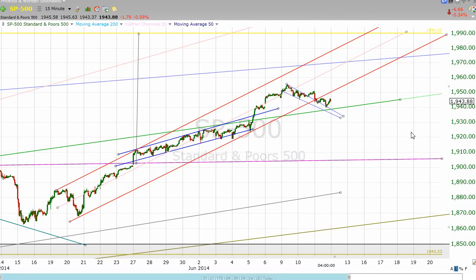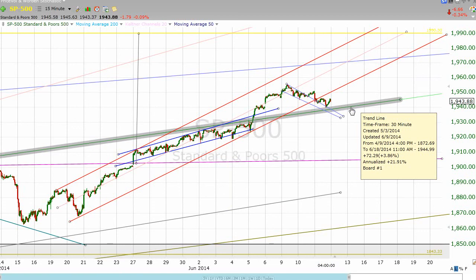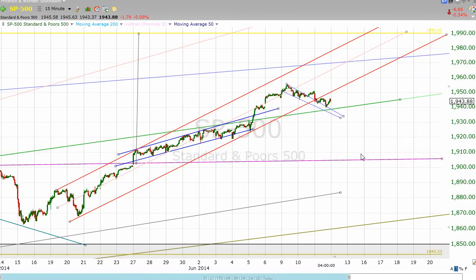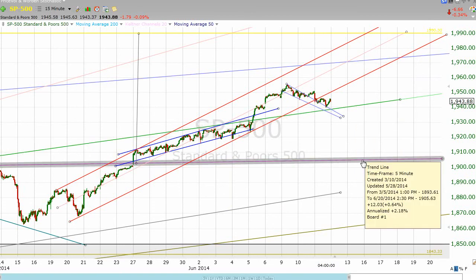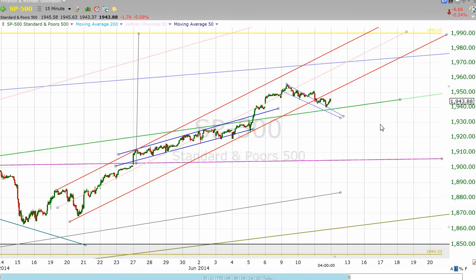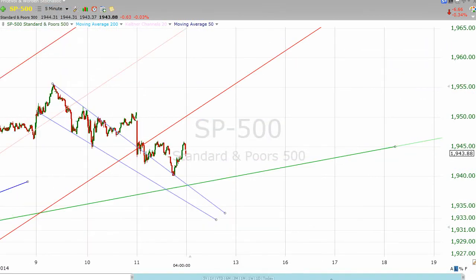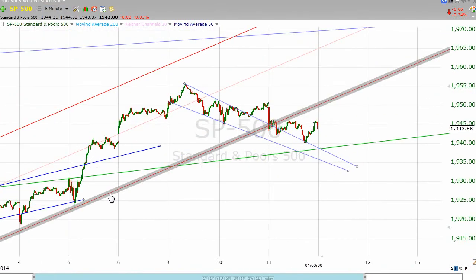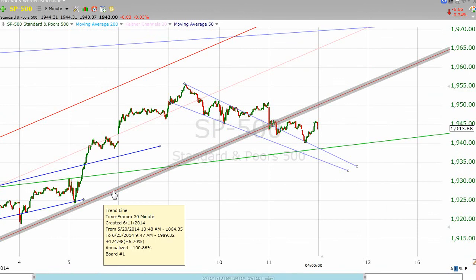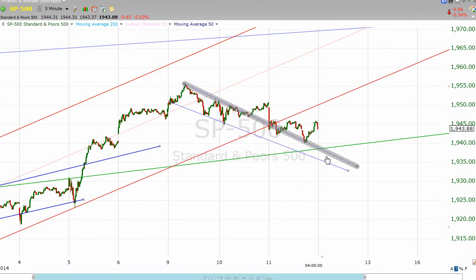If I'm wrong on that and we start plowing down through this green line, then I would definitely be looking for support around 1905. But the thing that kind of intrigues me here is the fact that we did break this trend line, but at the same time, this little bull flag still looks to be valid.